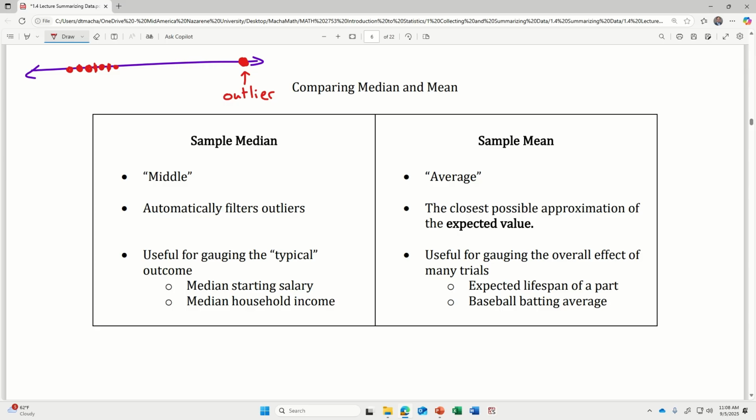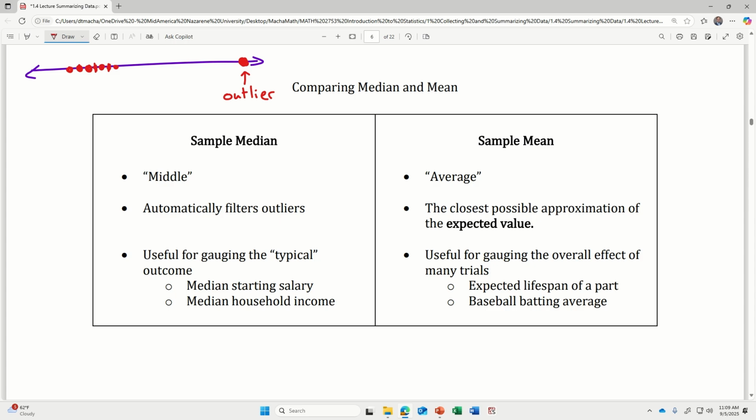If I'm going to run this compressor for the next 100 years, but I have to continually replace this part, I have to continually replace this impeller or replace this seal or something, I want to know what is the average or the sample mean lifespan of this part. I don't care what the median lifespan is, I care what the average is, because I'm going to replace this so many times that what I really care about is the expected value I'm going to get.